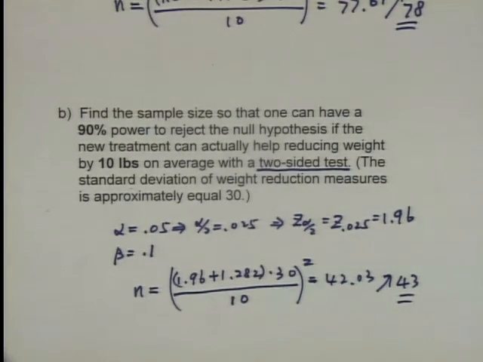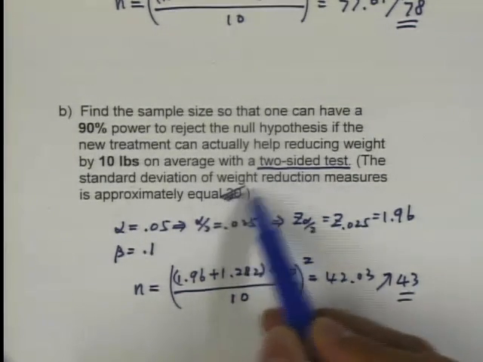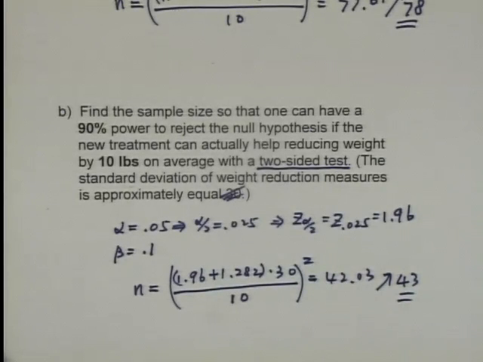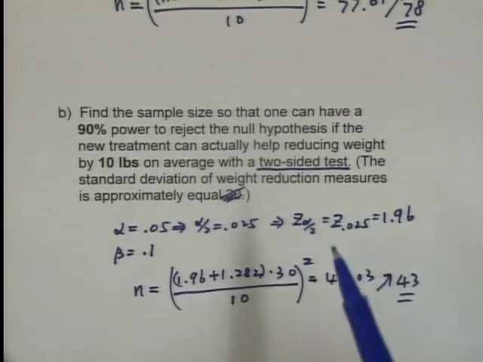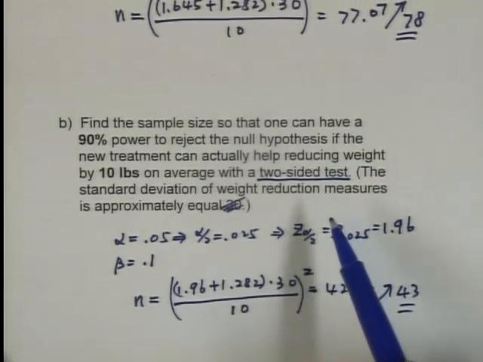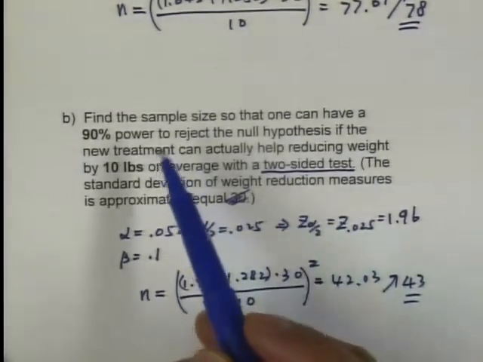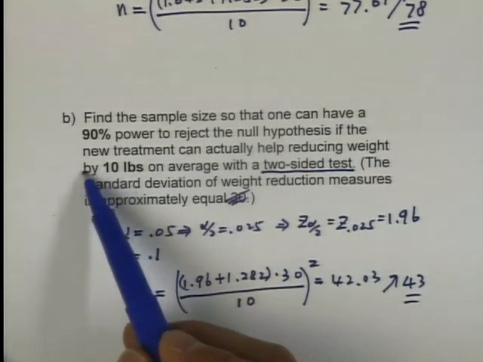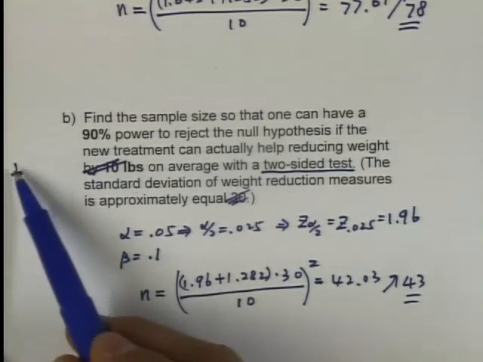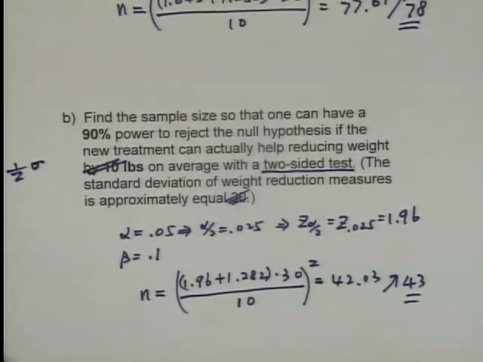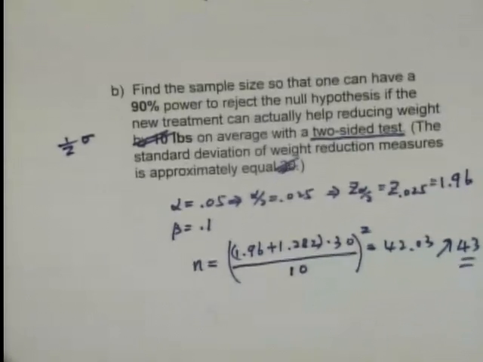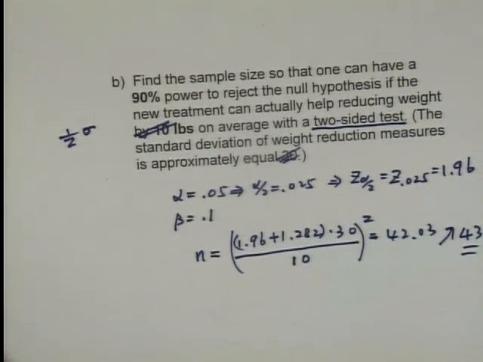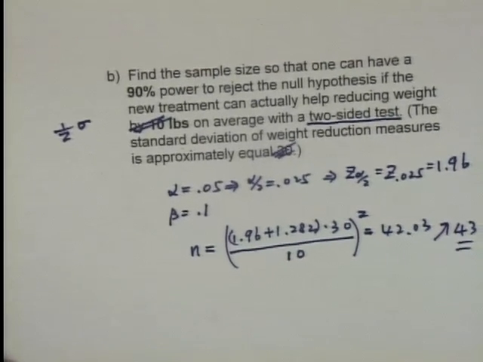Now, like I say, in some studies you may not know the standard deviation, right? So if I ask you to calculate the sample size so the test has 90% power to detect a treatment difference that is half a standard deviation, what should you do then?